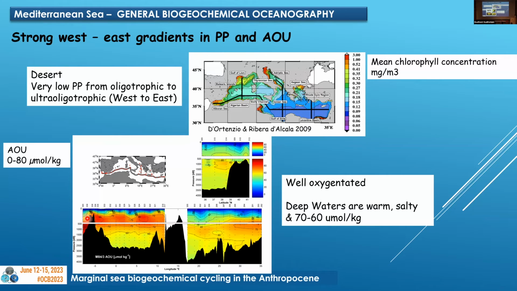In the western, you can see this minimum here or maximum of AOM, because here the mineralization is higher because the productivity is a little bit higher compared to the eastern Mediterranean.